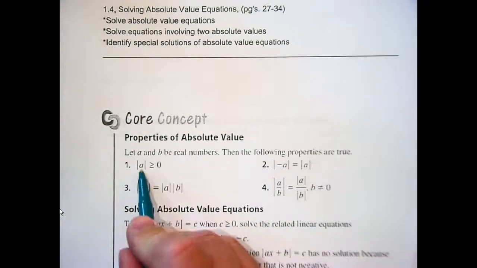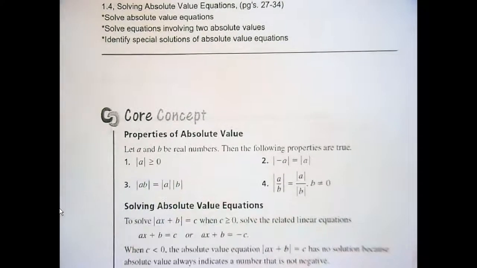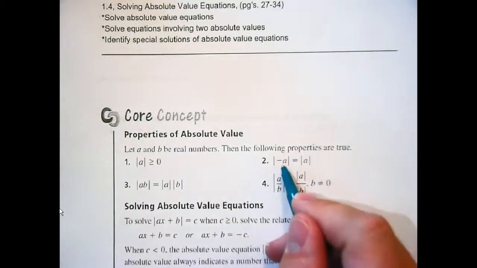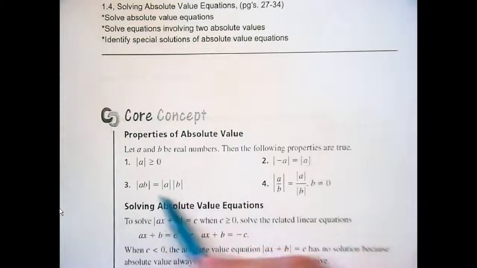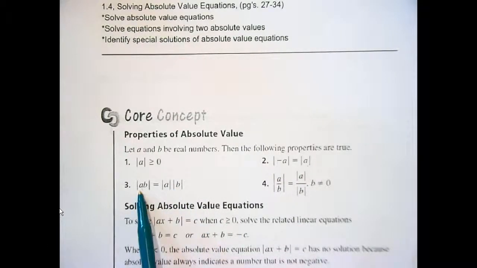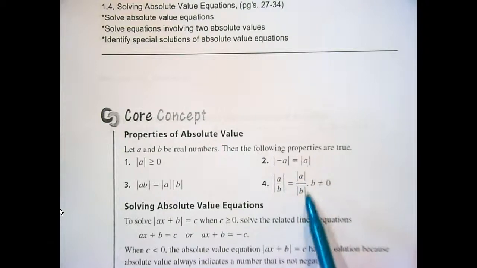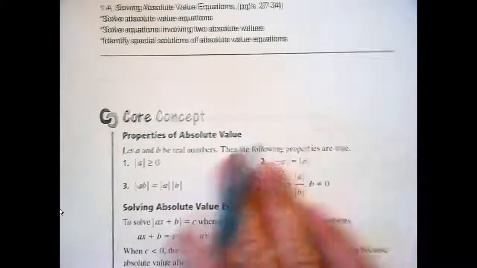Absolute value always has to be greater than or equal to 0. The absolute value of negative a equals the absolute value of a. We'll go through these properties as we work through today's stuff. The absolute value of a times b is the same as the absolute value of a times the absolute value of b. Same thing with division. You can break apart that absolute value. There's a fraction in there. All right, so there are our core concepts.